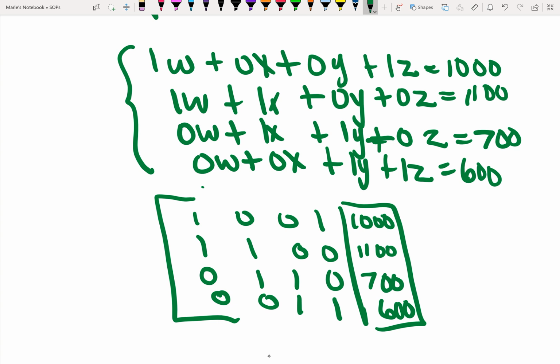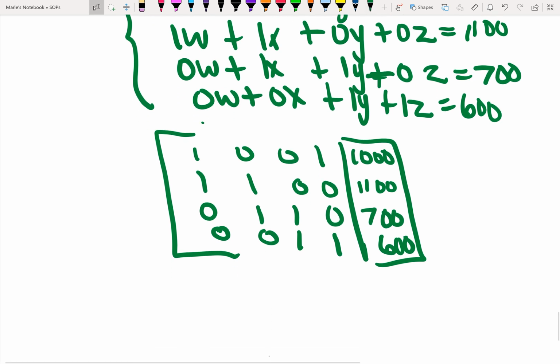And so we use row operations now, and we want to do this so that we could solve the system. And so since we know that W plus Z is 1,000, our job here is to try to solve for this.